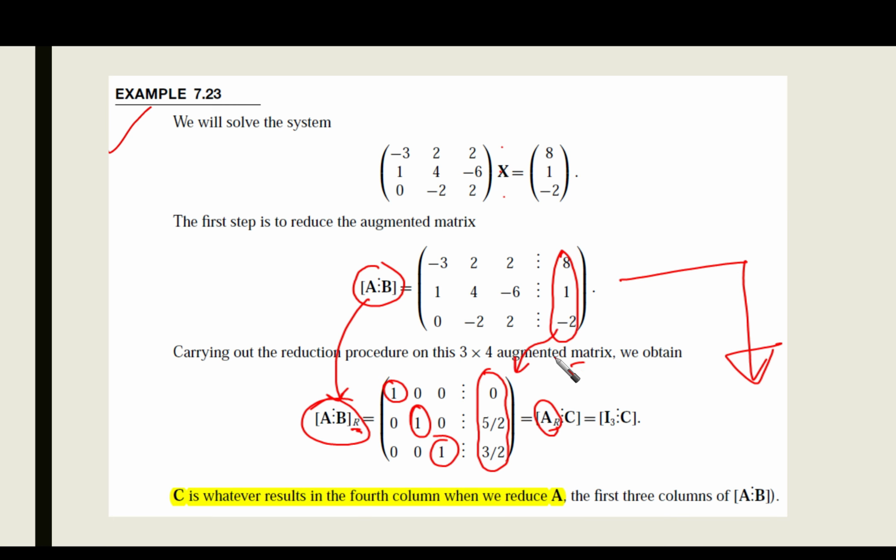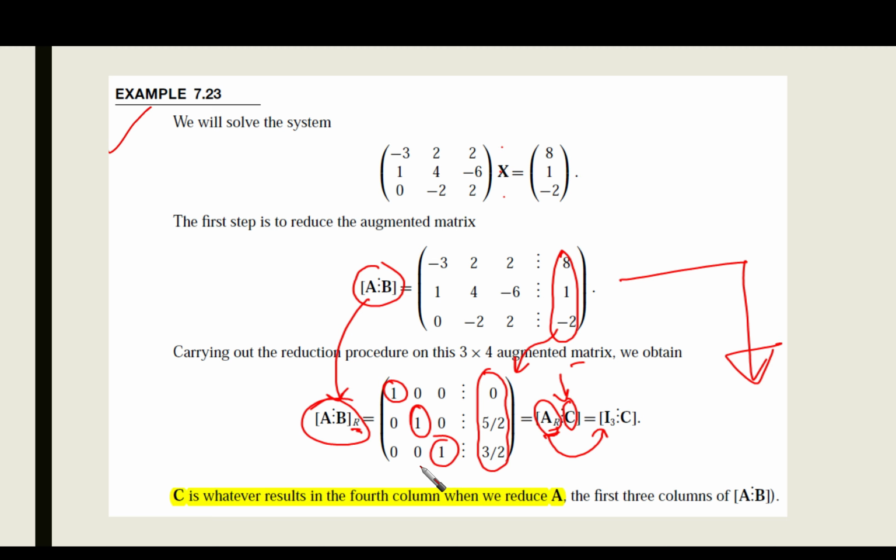After row operations, we do not know what will happen to this column, but it gives us this vector, which is C. But we found that AR, fortunately, is I3. It is the identity matrix, right?